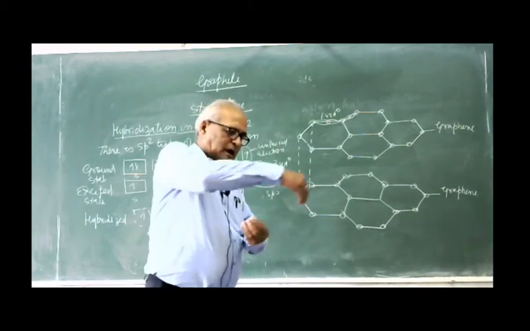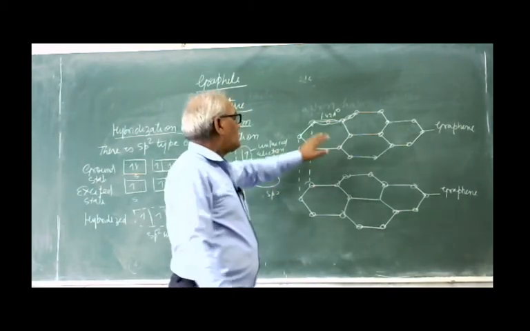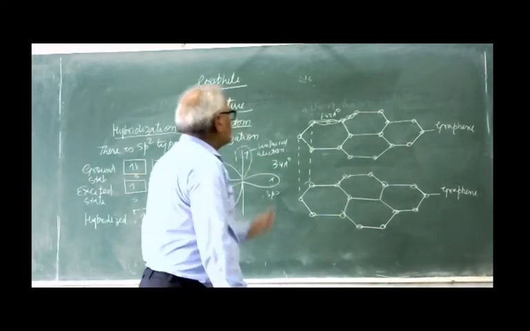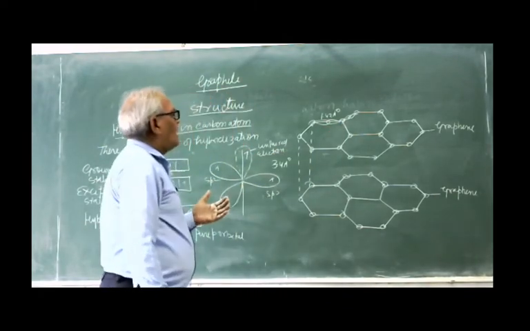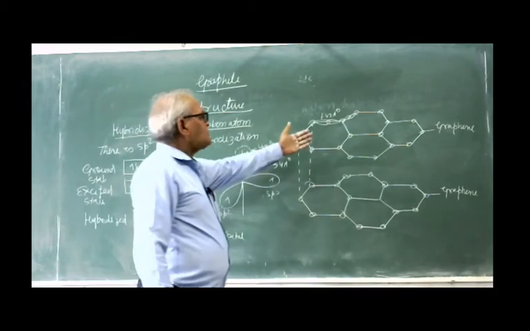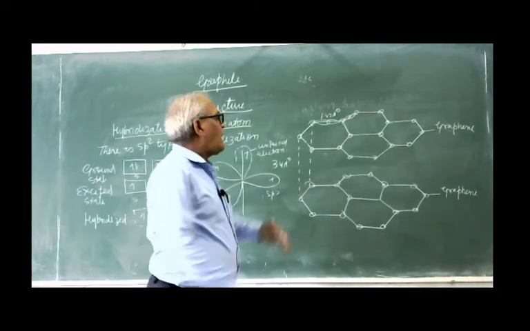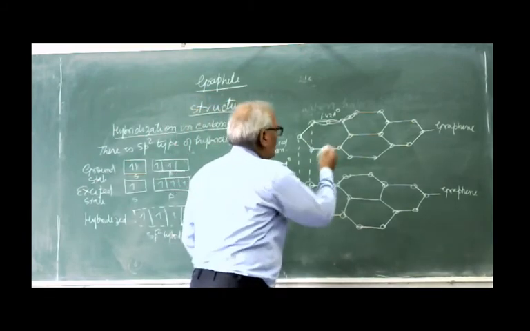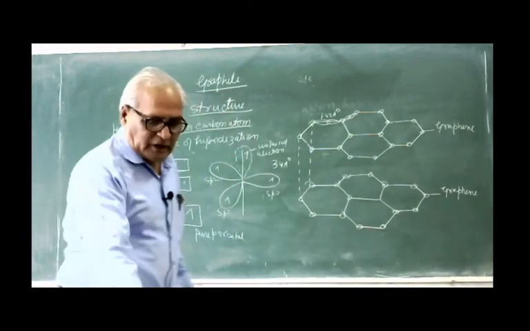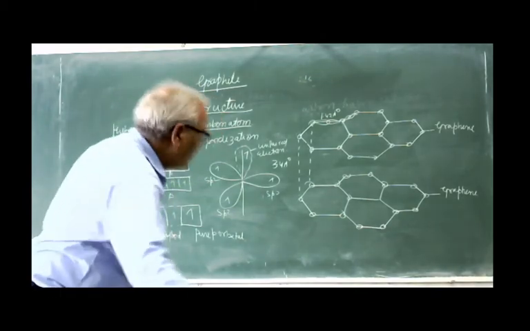Means there are three neighboring carbon atoms like this. So this is the one feature: carbon atoms are arranged hexagonally.